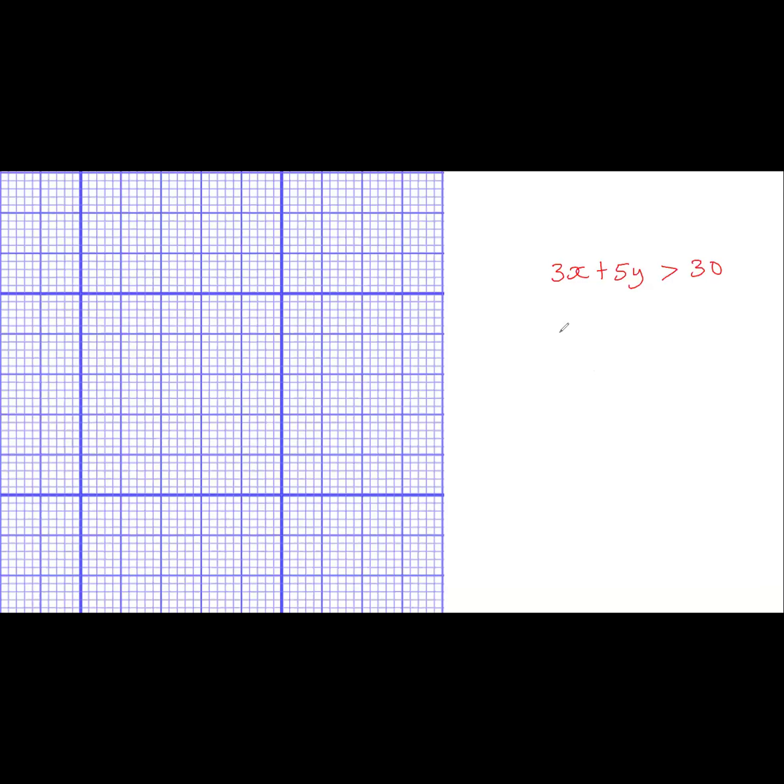You are trying for me this one. This one is going to be 3y plus 2x is less than 4. Give me two. Yes. Give me two. Okay, wait. Let me change this one.